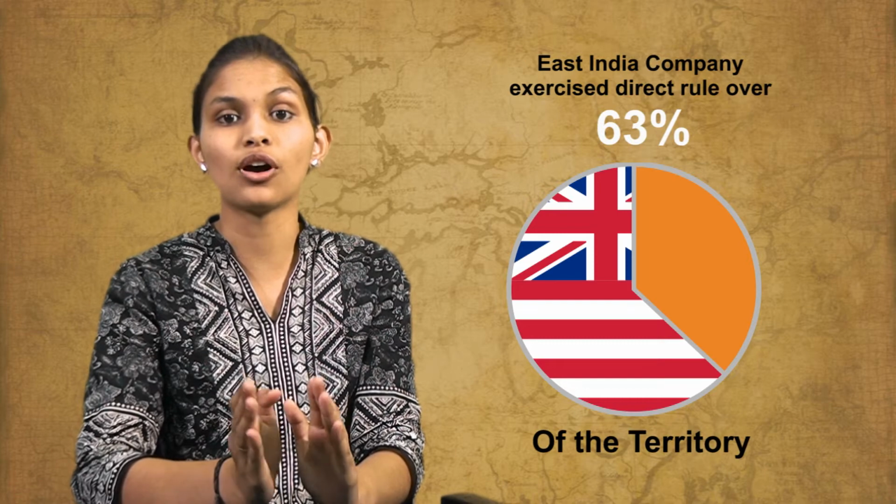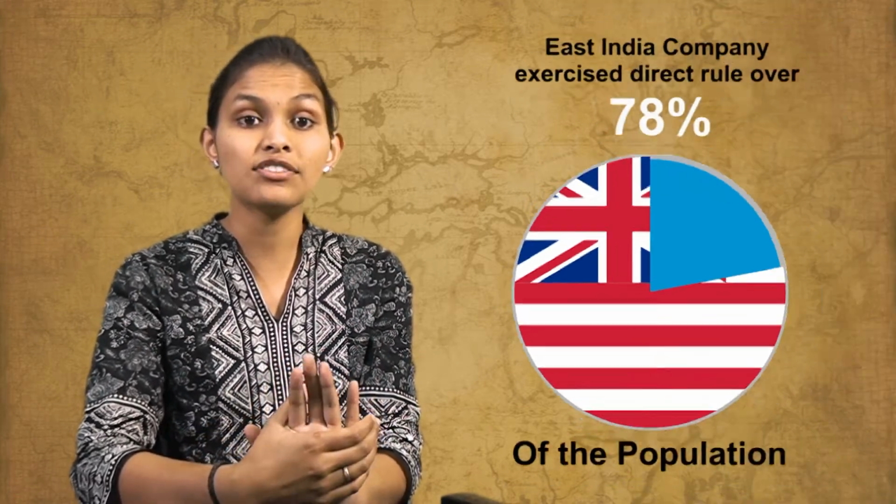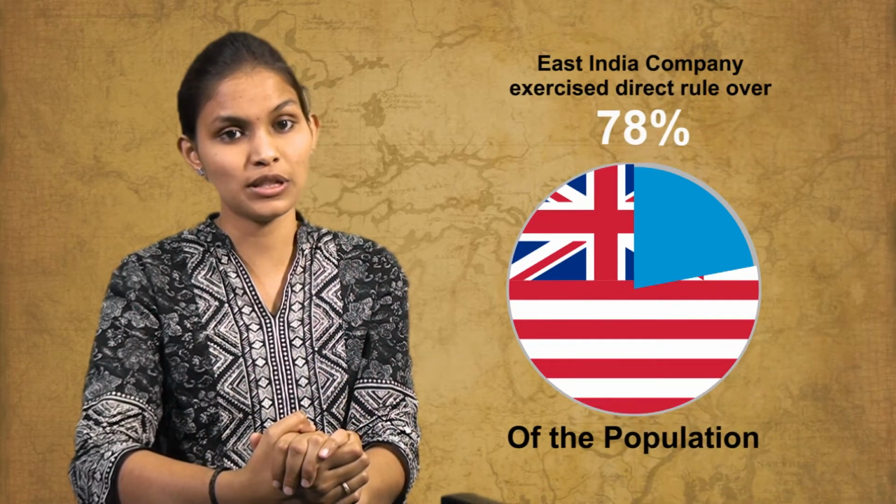By 1857, the East India Company exercised direct rule over 63% of the territory and 78% of the population of the Indian subcontinent. The Company also exercised indirect influence on the remaining territory and population of the country.